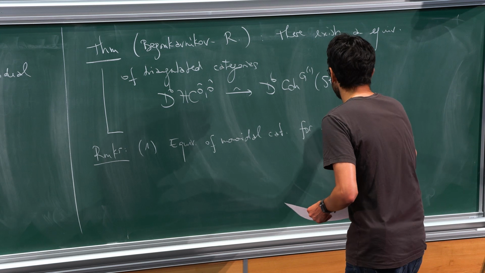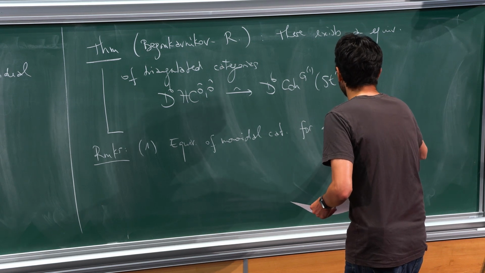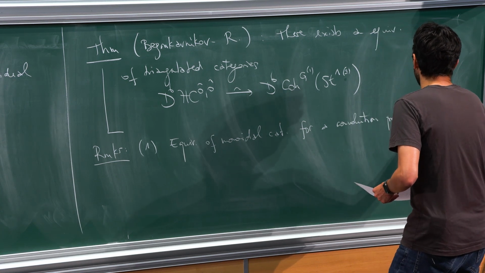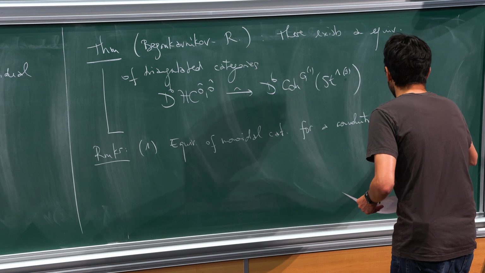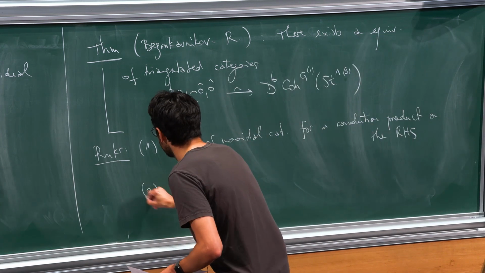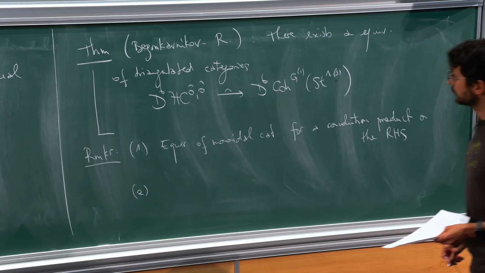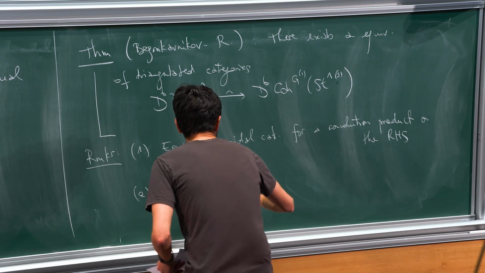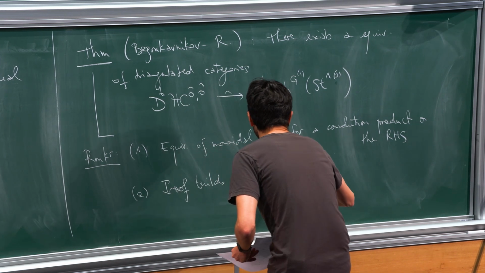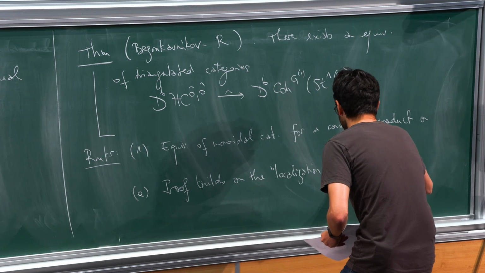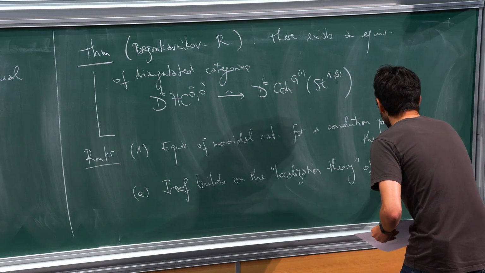And here, there is a natural convolution product on the right-hand side, and with respect to this convolution product, we get an equivalence of monoidal categories. Second remark is that the proof builds on the localization theory of Bezrukavnikov-Mirkovic-Rumynin.